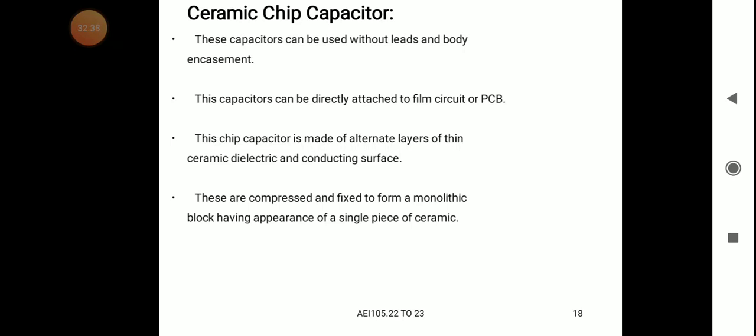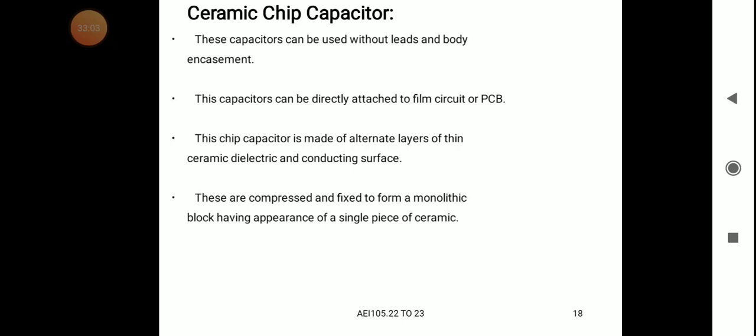The meaning is one layer is a ceramic layer and another layer is a conducting layer. Like that we get the capacitance property of the chip type capacitor.